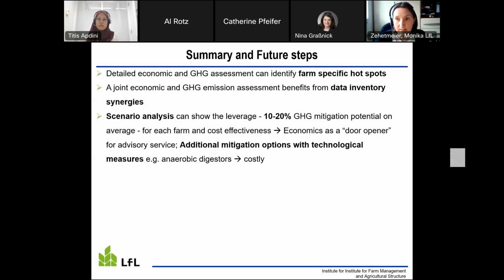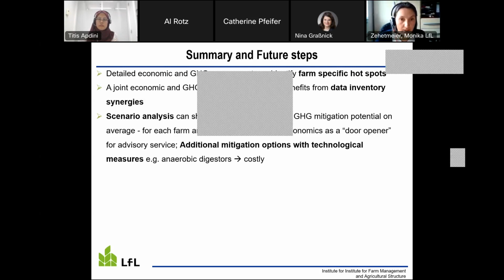And economics is a door opener for advisory service.